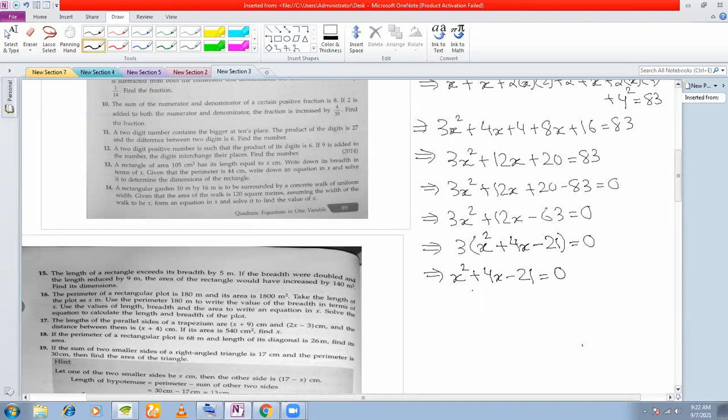This is the quadratic, and we can also solve this by factorization method. What are the two factors? Plus 7 and minus 3.